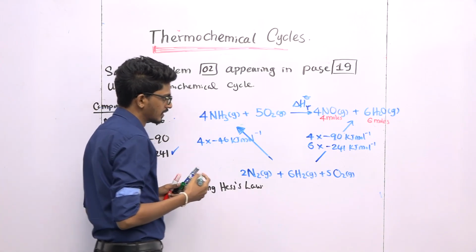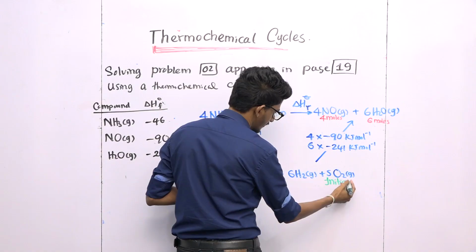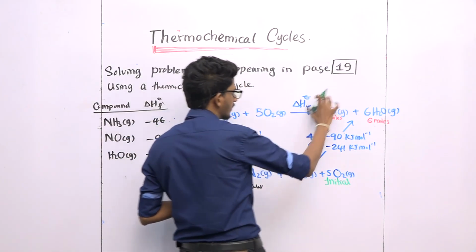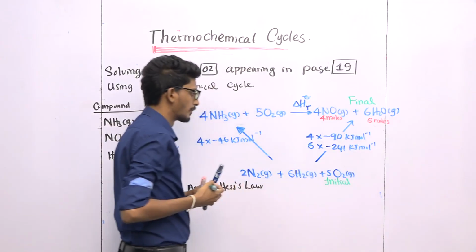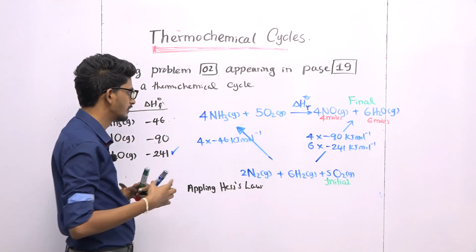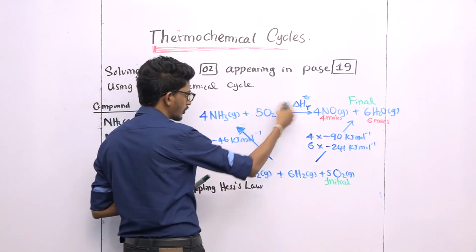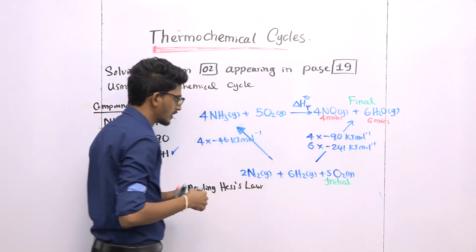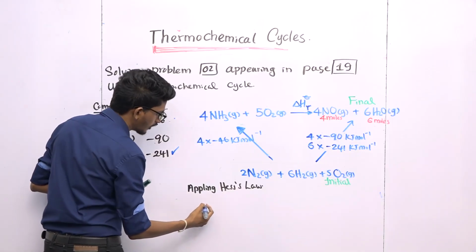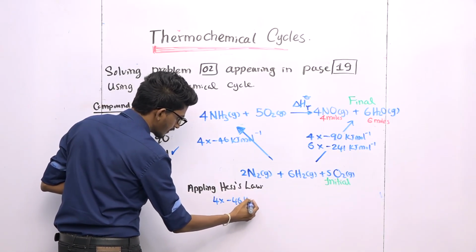With this system, this is going to be the initial state where all the arrows originate, and this is the final state where all the arrows end. So applying Hess's law, the enthalpy change by this route will be equal to this route. So this plus this will be equal to this. That is 4 into minus 46 kJ/mol.